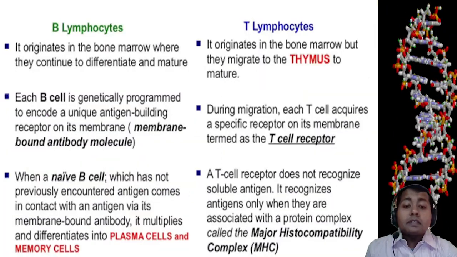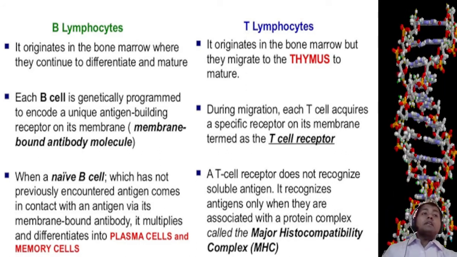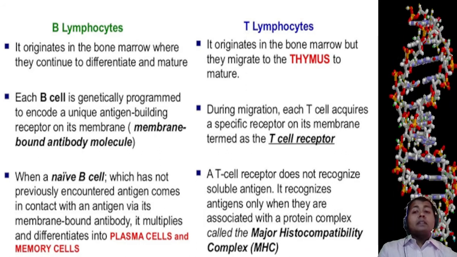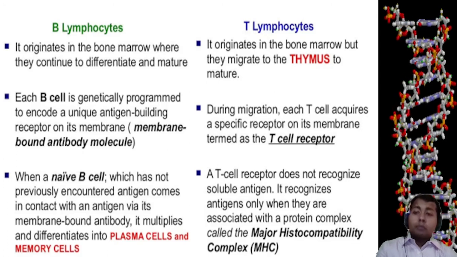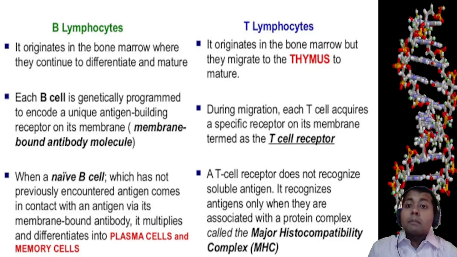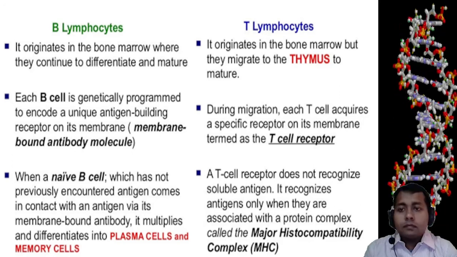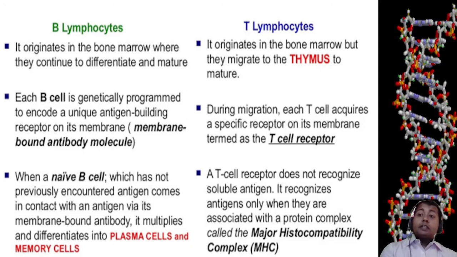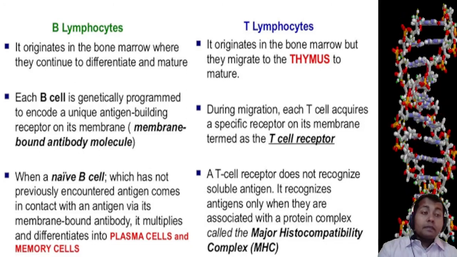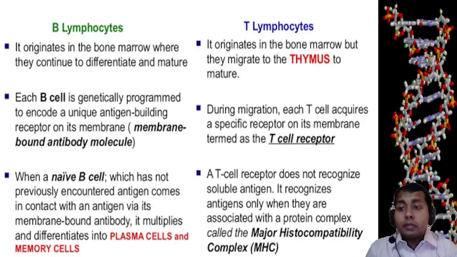So there are a few differences between B lymphocyte and T lymphocyte. B lymphocytes originate and mature in the bone marrow, whereas the T lymphocyte originates in the bone marrow but matures in the thymus. Each B cell is genetically programmed to have a specific B cell receptor, which is nothing but a membrane-bound antibody molecule.